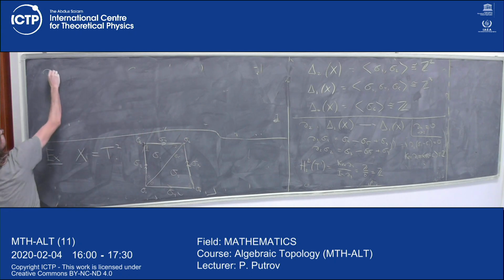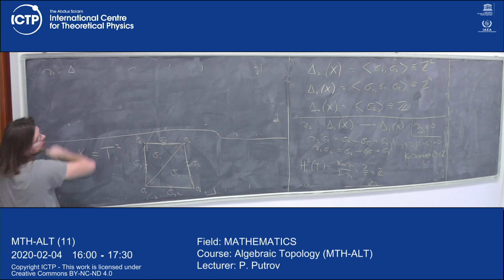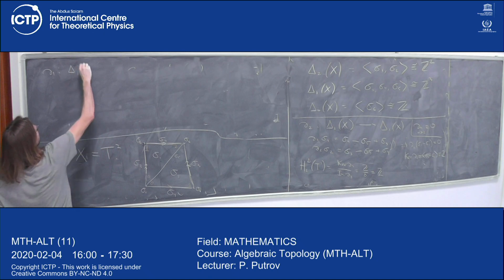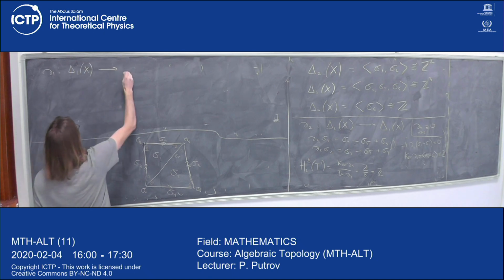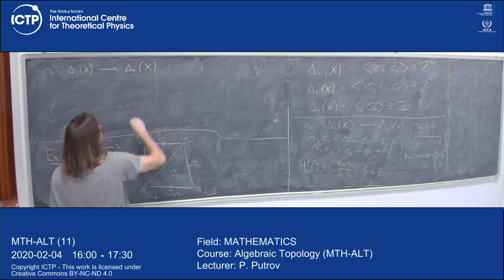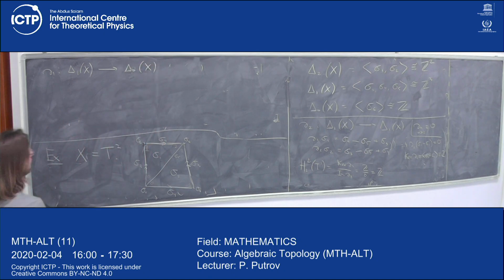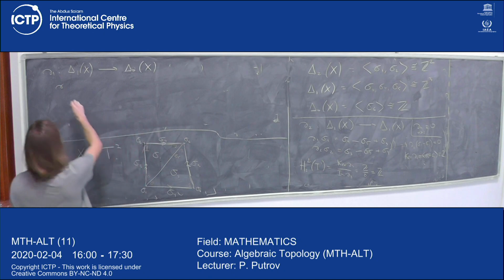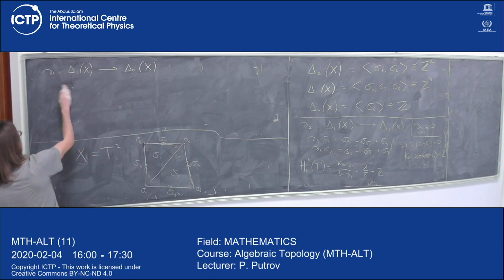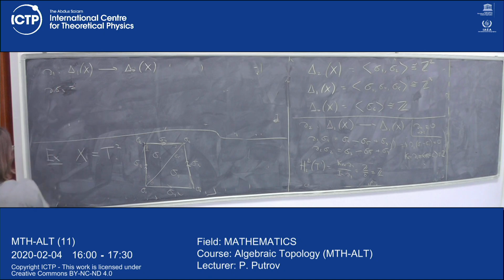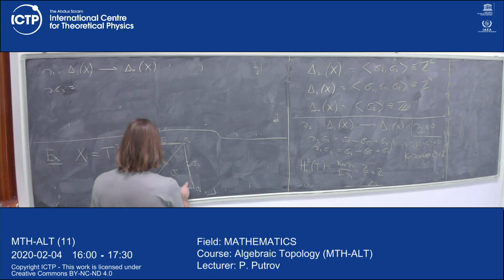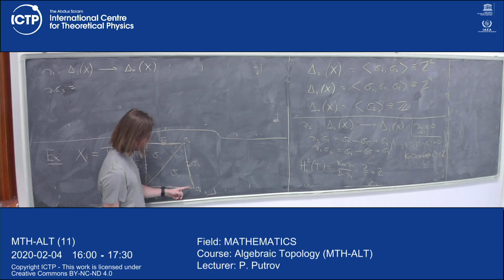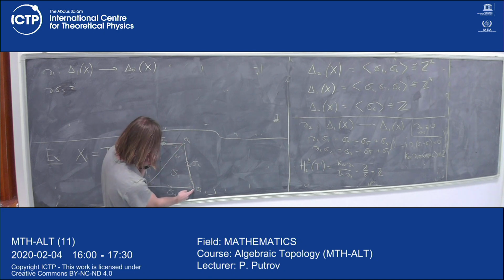Okay, so now we determine the map D1 from delta 1 to delta 0 of X. Well, X is T2 for us. So again, we need to determine it on the generators, which are sigma 3, sigma 4, and sigma 5. For sigma 3, we need to again remove vertices. Starting with this, the order was like this.